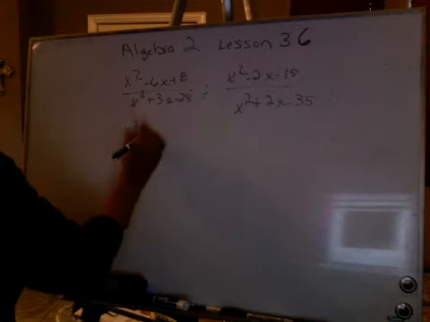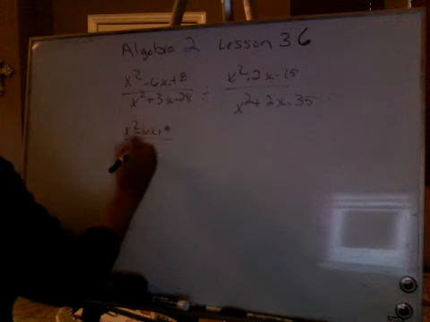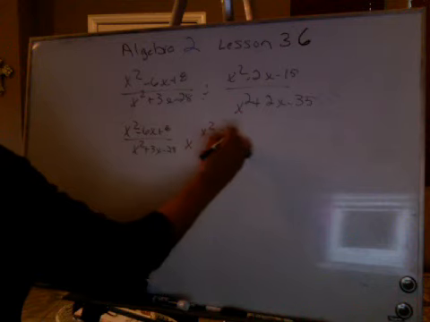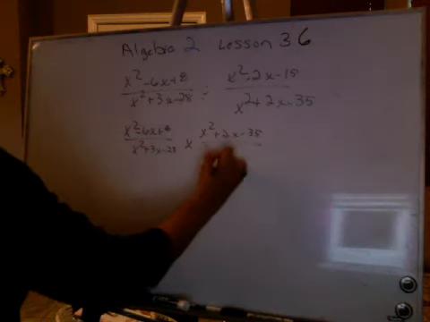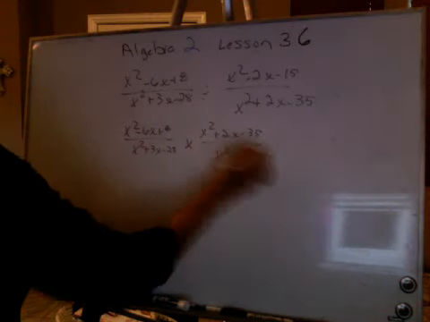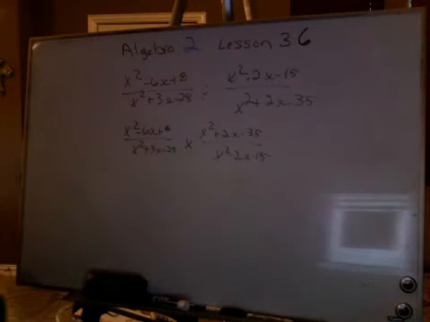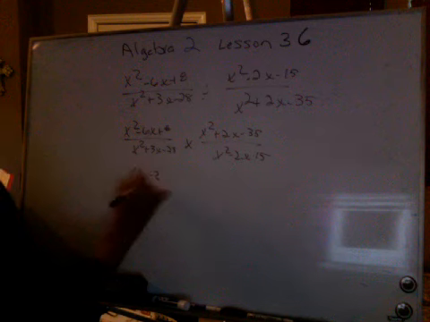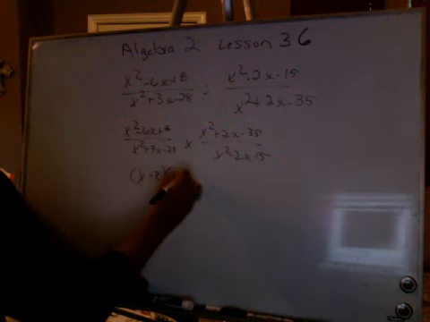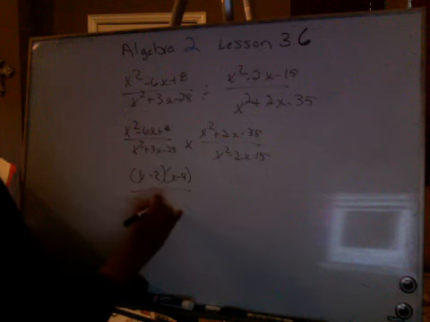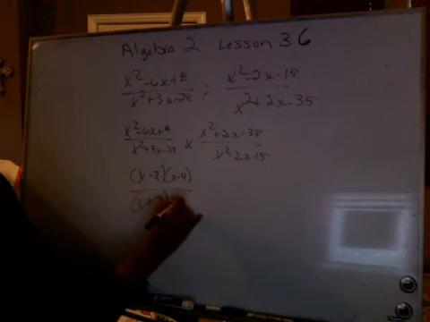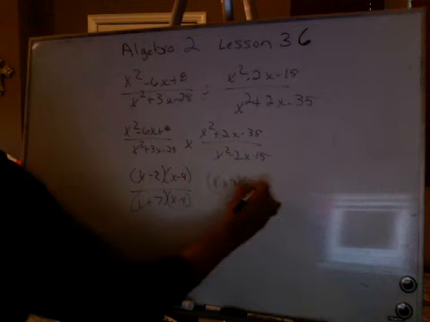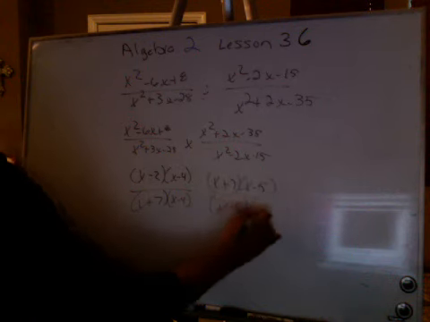So x squared minus 6x plus 8 times x squared plus 2x minus 35 over x squared minus 2x minus 15. So now I'm ready to multiply, but I want to factor. So I'm going to cheat here time-wise.